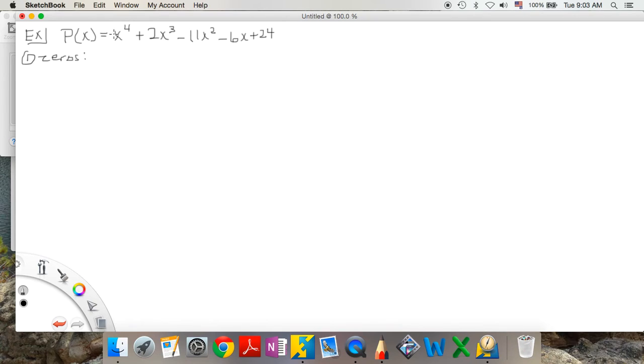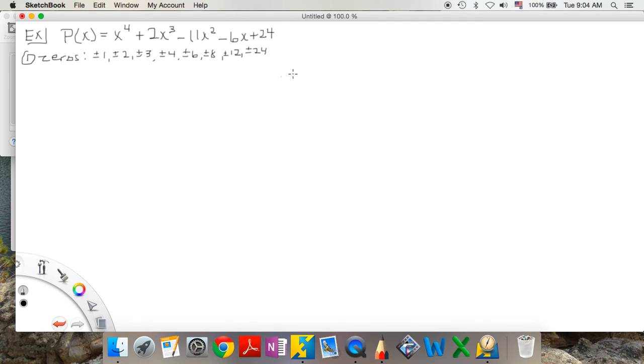So let's think about that. The leading coefficient is 1, so we're just going to be dealing with all of the factors of 24. So we've got plus and minus 1, 2, 3, 4, 6, 8, 12, and 24. So those are all our possible rational roots.